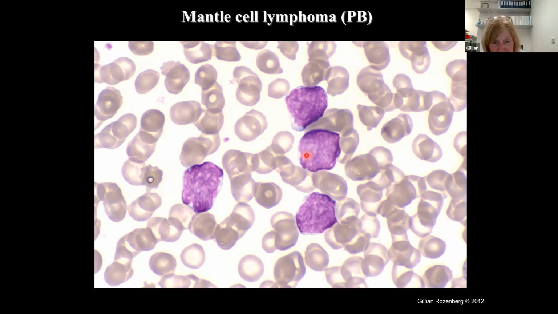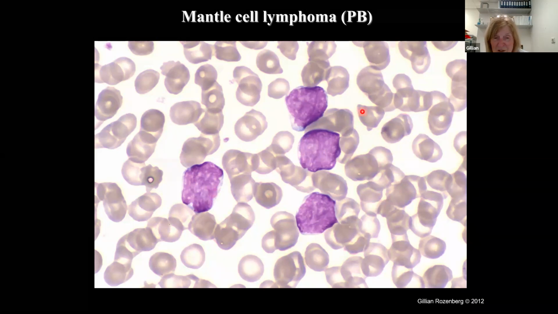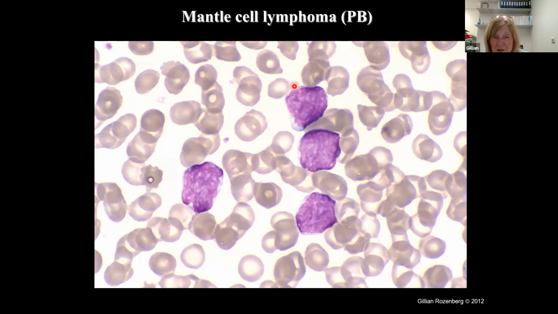You can see the cytoplasm there. There's a bit of cytoplasm here, all right? But you need to be able to recognize that the chromatin pattern is mature. It's not immature like a blast cell, and the nucleoli, in this case, are not obvious. So these are mature cells with a high NC ratio, and these should be counted as lymphoma cells.